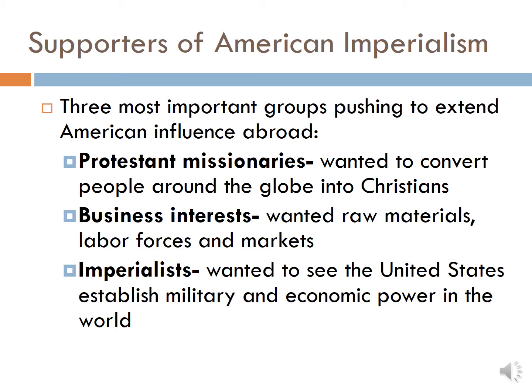A perfect example of this is in Hawaii. In the early 1800s, missionaries come to Hawaii, and there are Native Hawaiians, of course, living there. These American missionaries are able to establish themselves on the islands.